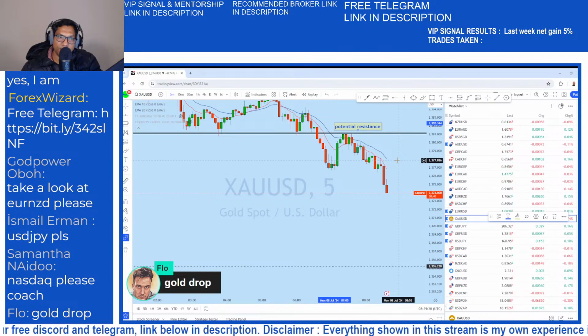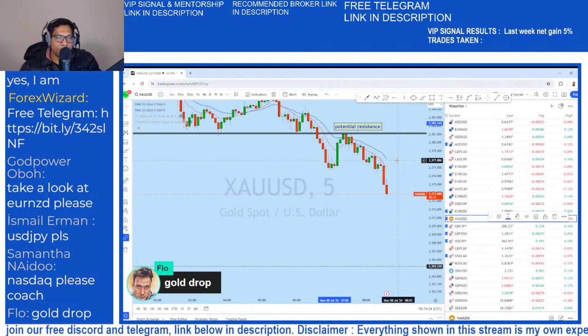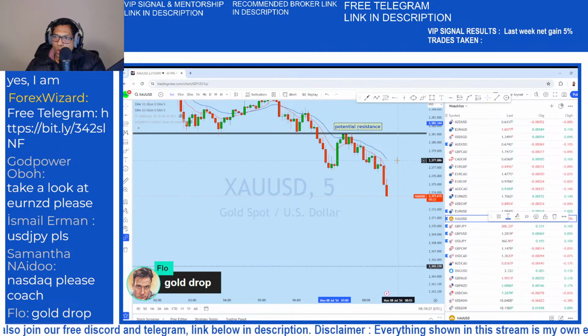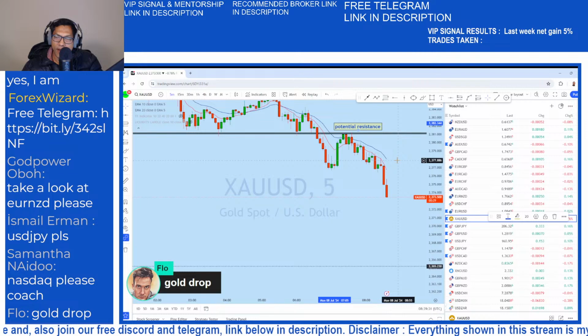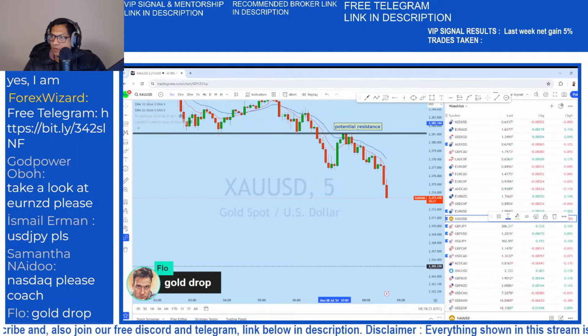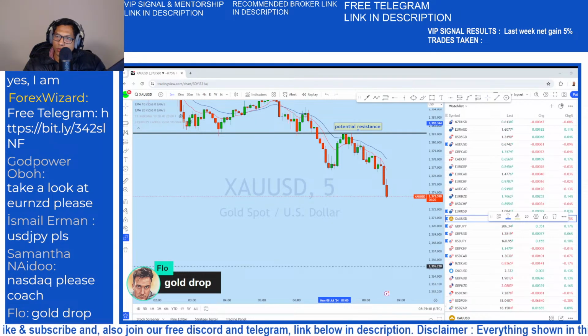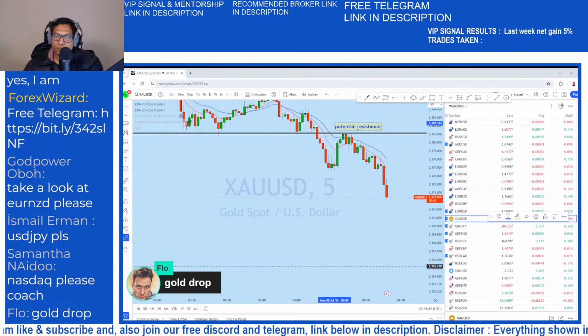And break of structure is important because when we see the break of structure, we basically see the momentum in the market. Why is it so important to look at the break of structure? Because when we see the break of structure, the market gains momentum.